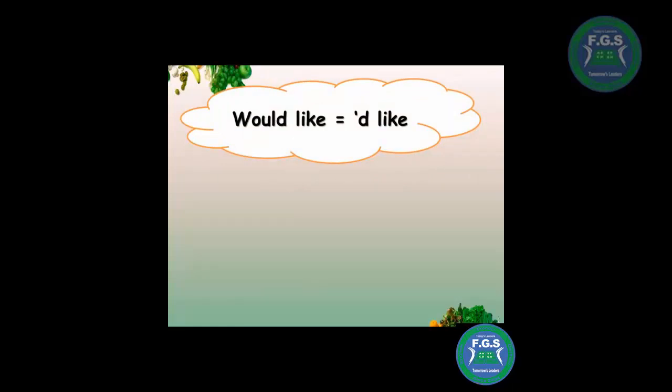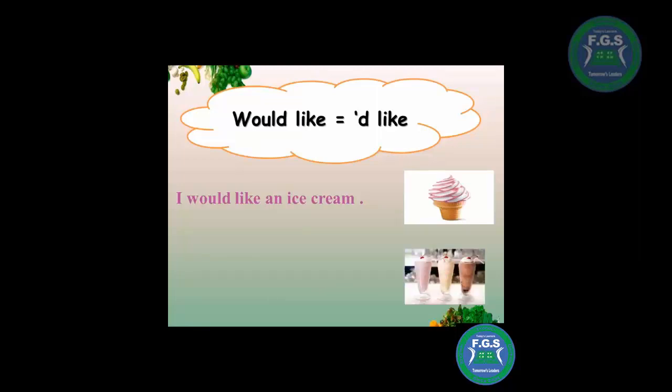Look at this picture, it's ice cream. I say I'd like an ice cream, or I would like an ice cream. We have, wow, it's milkshake, we'd like some milkshake.